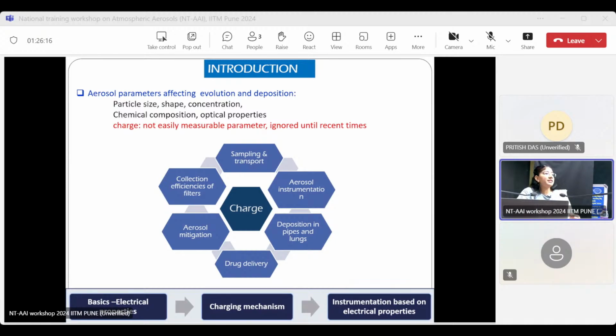And then the efficiency of different filters, even your N95 mask, has been increased by the utilization of the charge properties. So in this presentation, we will start with some basics. Then we will see the various mechanisms by which the aerosol particles are charged, and then how these charge properties have been utilized or exploited to develop the instrumentation for the aerosol measurement.